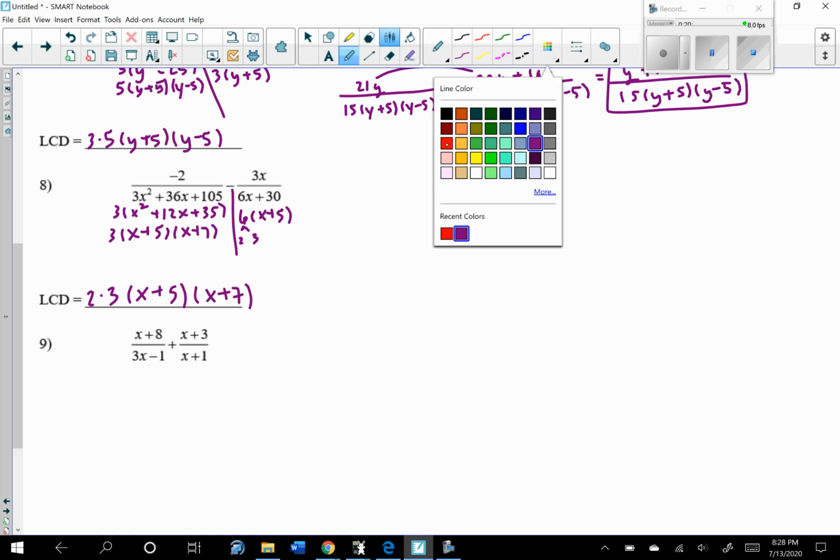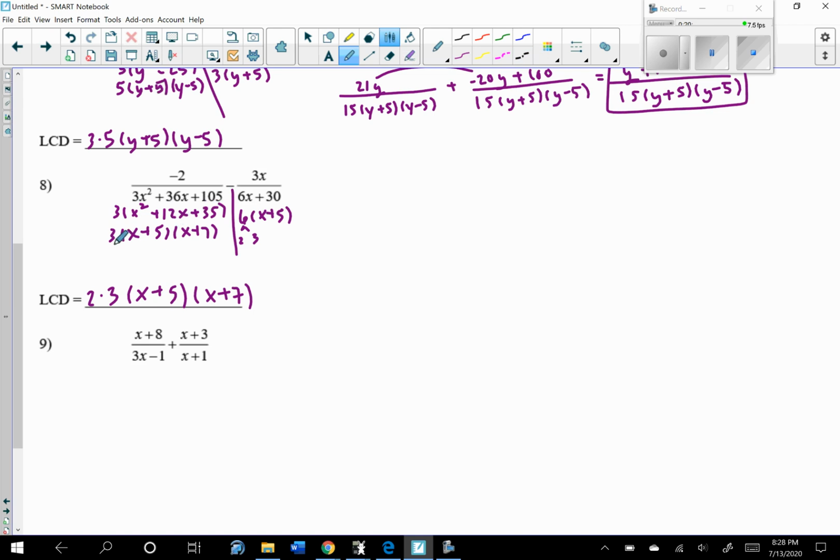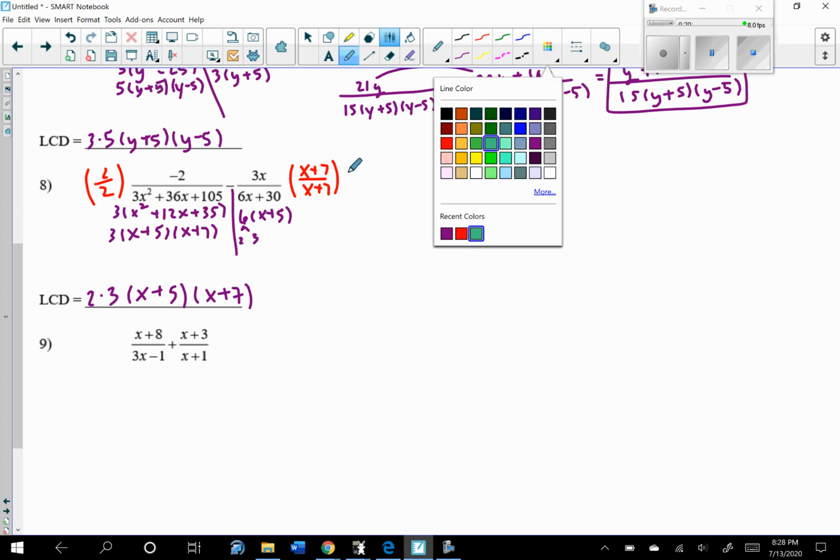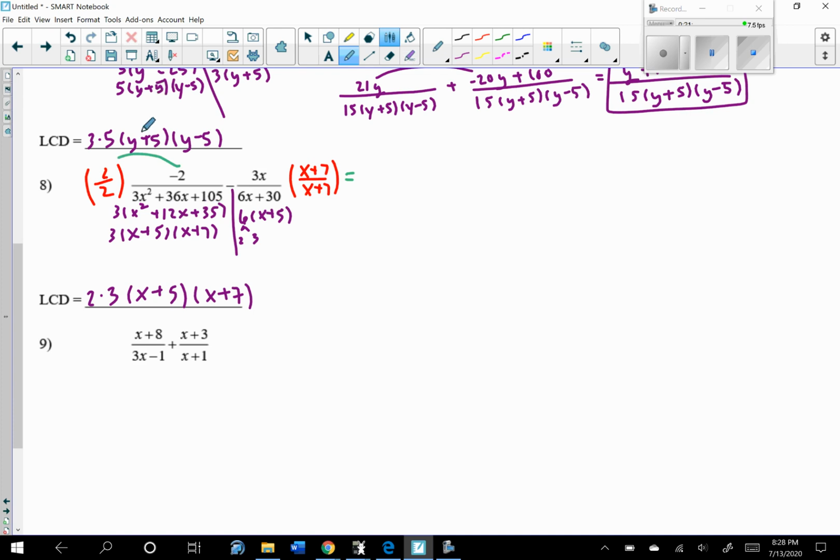And then I can see what's missing. So over here we have the 3, the x plus 5, and the x plus 7. We're missing that 2, so I'm going to multiply this by 2 over 2. For this one, we're missing the x plus 7. So when I multiply that, negative 2 times the 2 gives me negative 4 over 2 times 3 times x plus 5 times x plus 7.